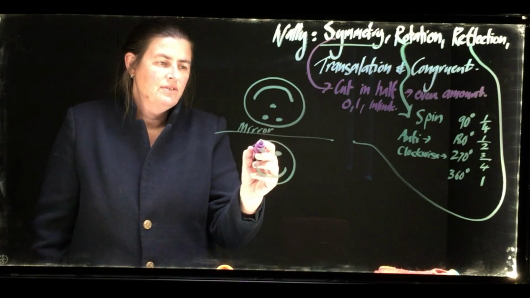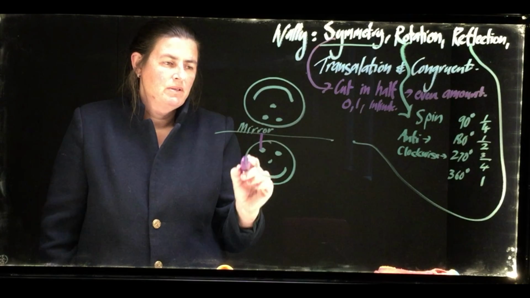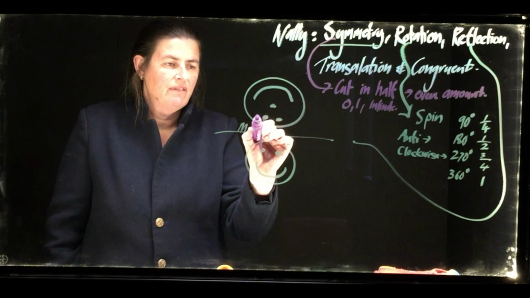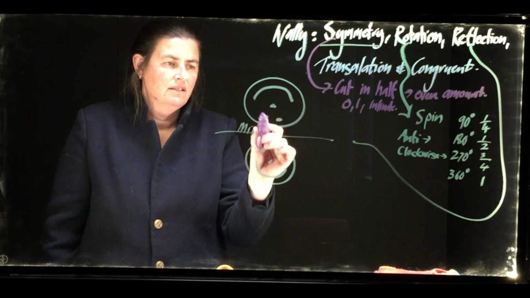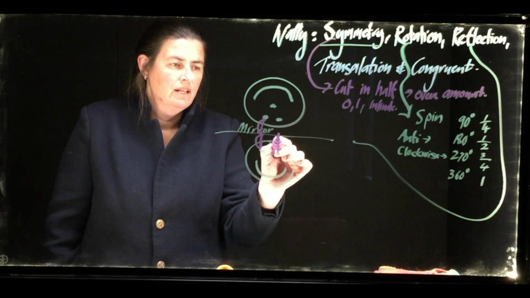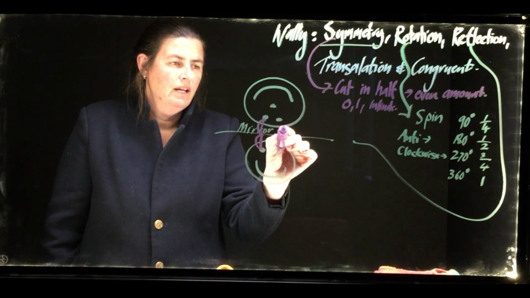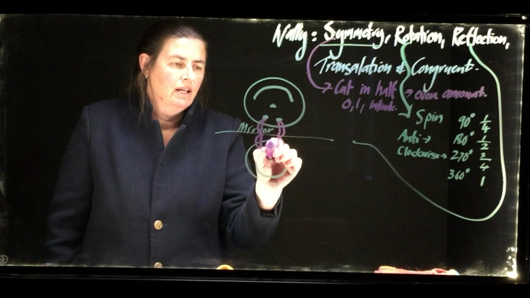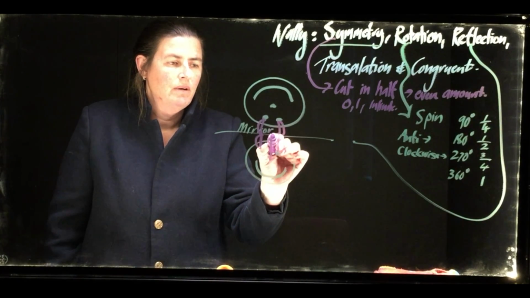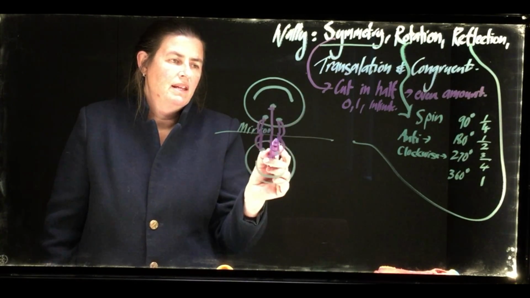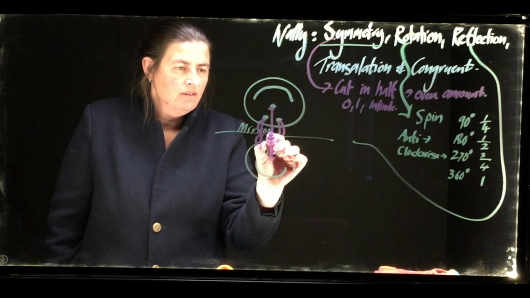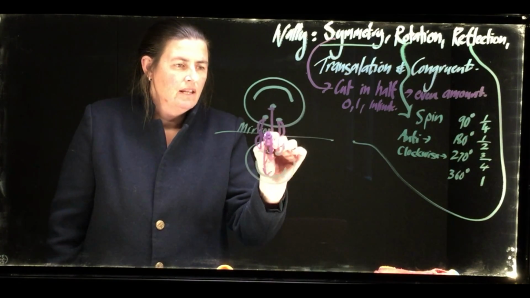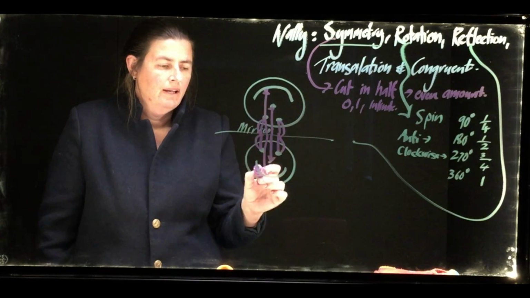Now the trick is to draw yourself little lines. How far away was this eyeball from the mirror line is how far it should be away from that eyeball. The nose was that far away, so the nose should be that far away. If the mouth was this far away, the mouth should be that far away.